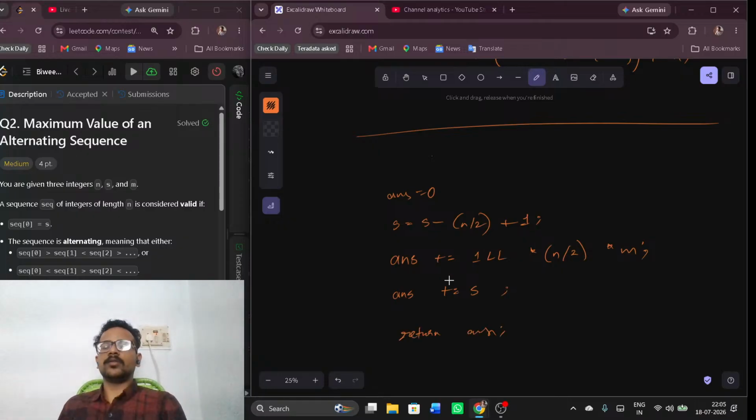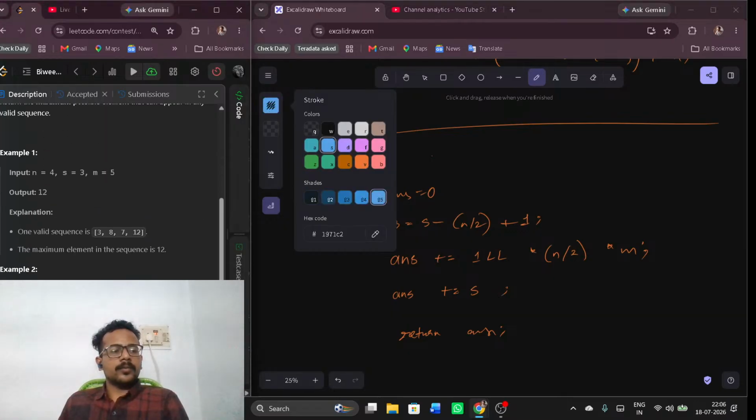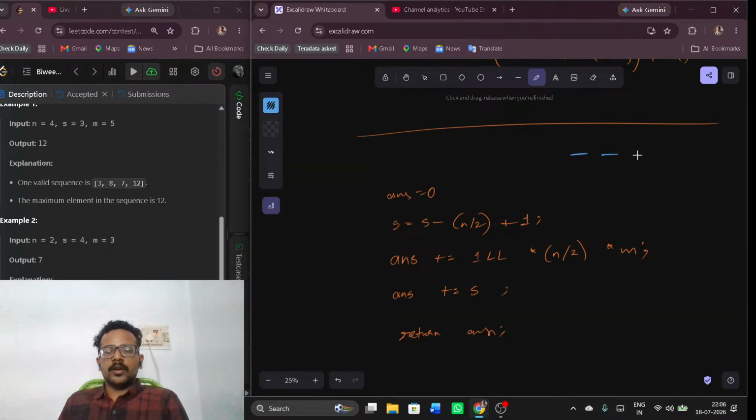Let me tell you, I think you have thought of adding the s, right? s is equal to s minus n by 2. Just imagine I have n is equal to 4: 1, 2, 3, 4, s is equal to 3, and m is equal to 5. You said s is equal to s minus n by 2. n by 2 means 4 by 2, which is 2; 3 minus 2 is 1, plus 1 is 2.